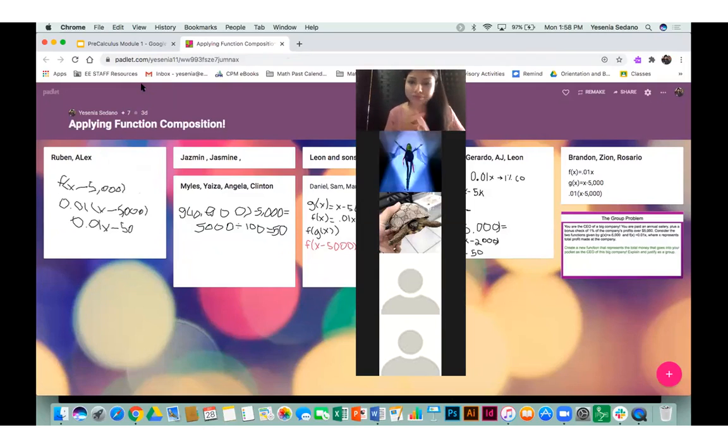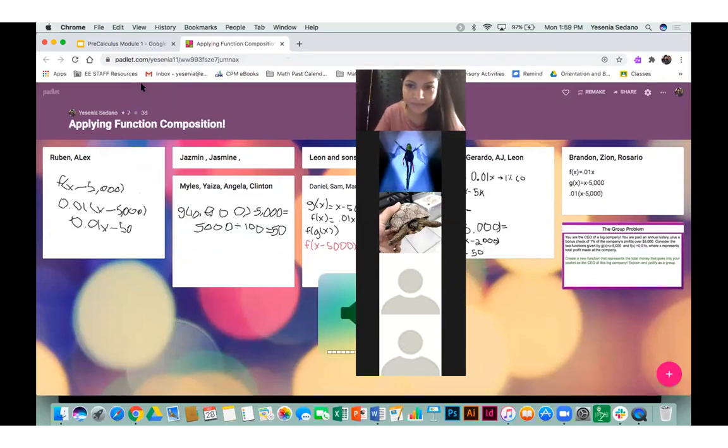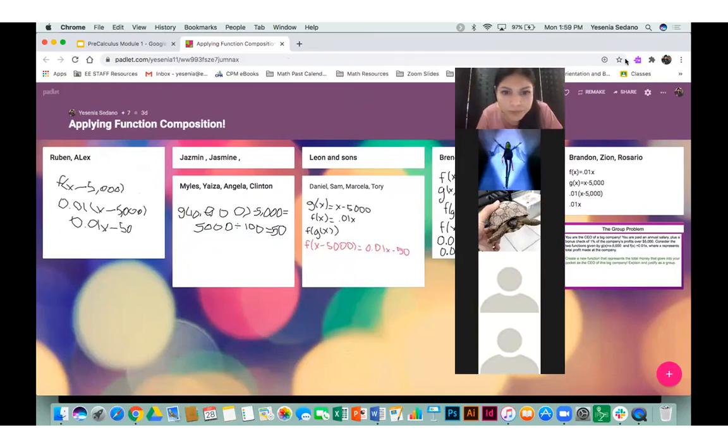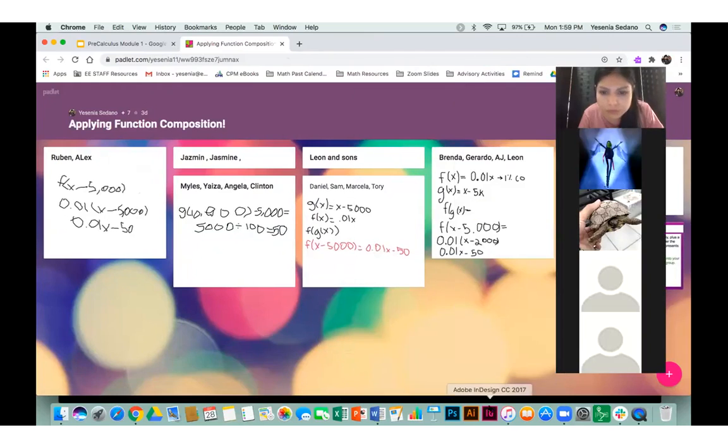Sure, I guess I'll do it. Just like the other equation, the 0.10x doesn't matter until the x minus 5,000 occurs.